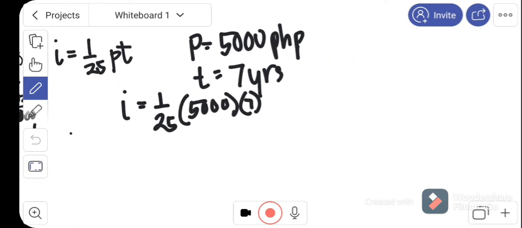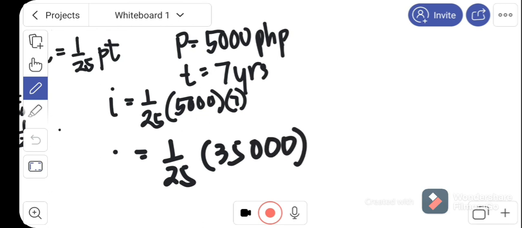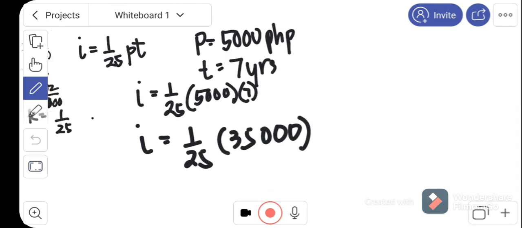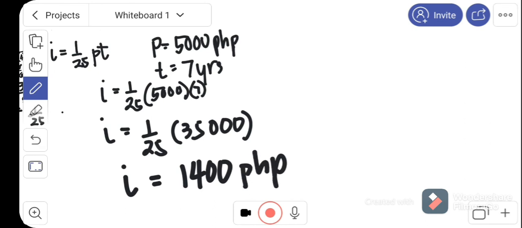So, we simplify this. 5,000 times 7 is 35,000. Copy first: 1 over 25 times 35,000. And what is 1 over 25 of 35,000? The answer is 1,400. So, our interest is equal to 1,400. Now, we have the unit of measurement, 1,400 pesos.